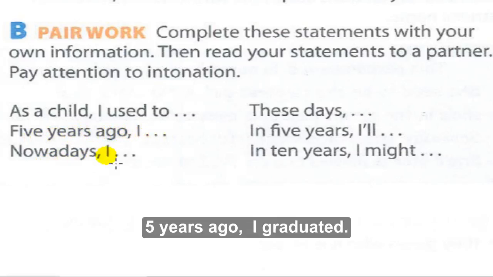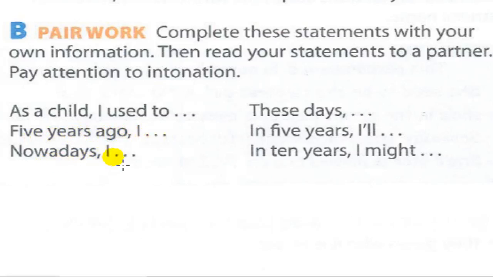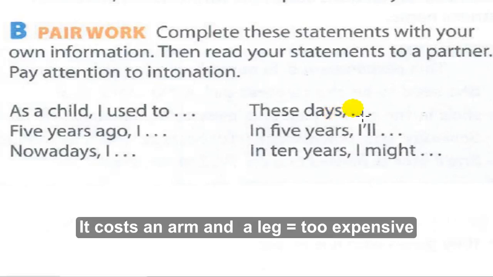Nowadays, I watch TV. These days means nowadays. These days, everything costs an arm and a leg. Everything is too expensive. It costs an arm and a leg means too expensive.